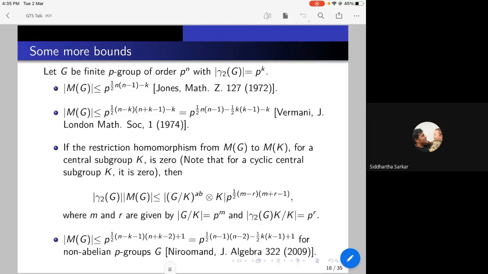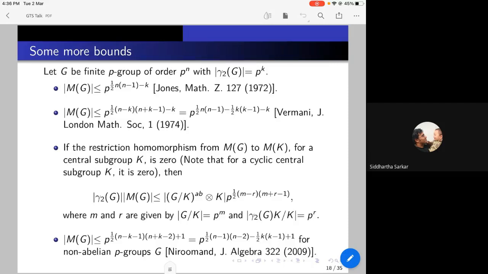This was again improved by Vermani, who showed that mod M G is less than or equal to p to the power half n minus k into n plus k minus 1 minus k. So this also can be written as p to the power half n into n minus 1 minus half k into k minus 1 minus k. So he improved it by the term half k into k minus 1, compared to the Jones bound.